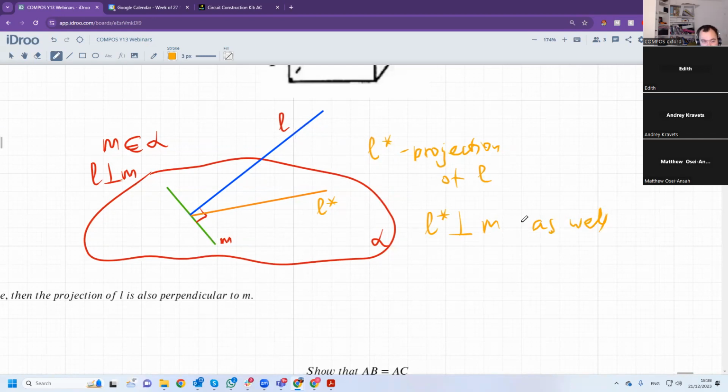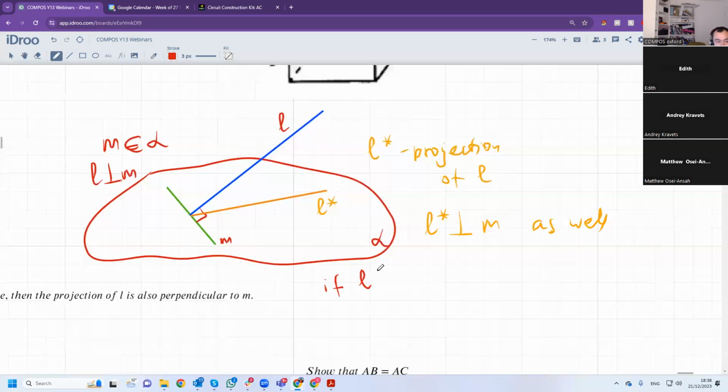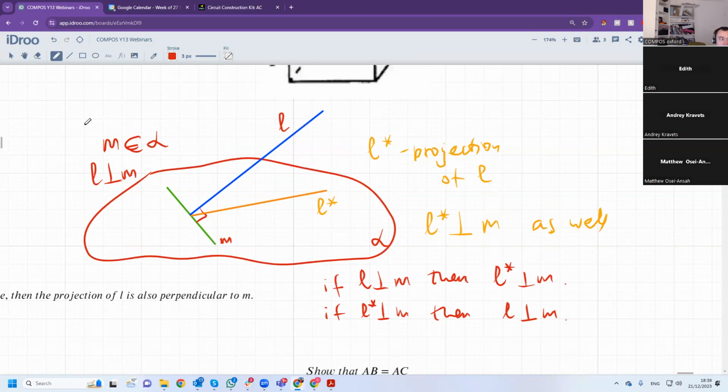And it works the other way around. If the projection is perpendicular to a given line, then the line itself is also perpendicular. So if L is perpendicular to M, then L star is perpendicular to M. Also, if L star is perpendicular to M, then L is perpendicular to M. This is the theorem of three perpendiculars and its inverse.